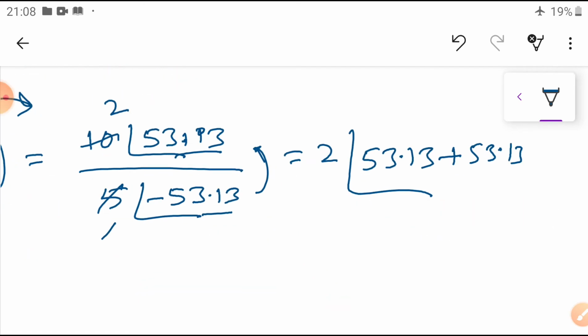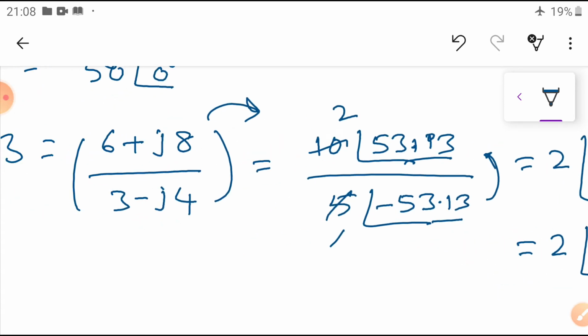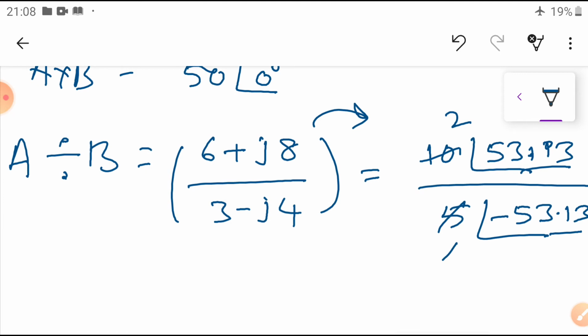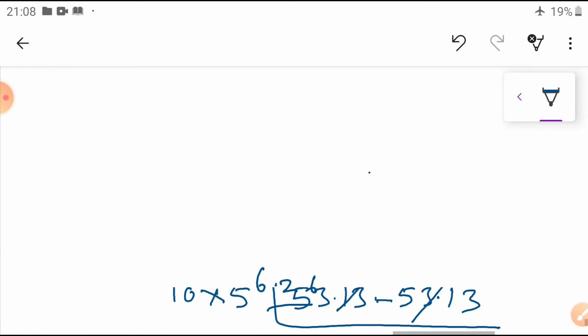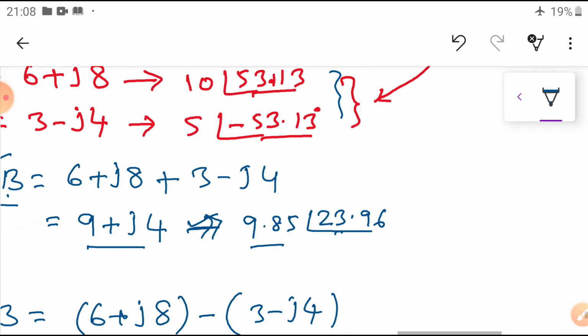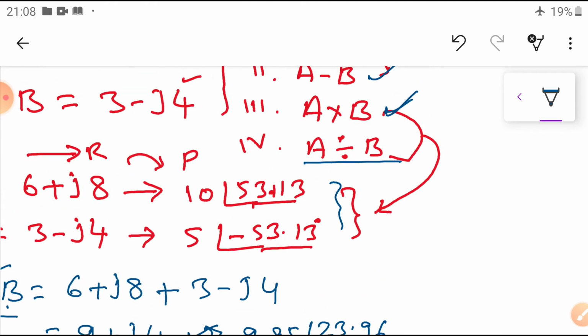So nearly 2 into 53.13, 106.26. This is a division, so I get 2 at an angle of 106.26. So I completed this also.